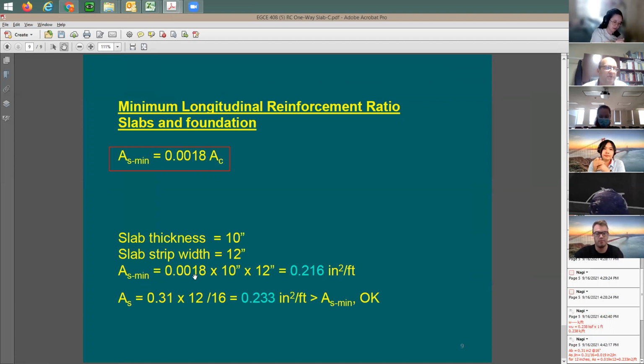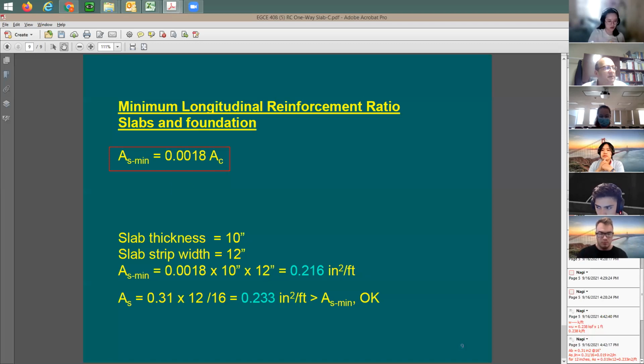AS minimum, 0.0018 times 10 inch for the thickness, not the effective depth, times 12 inches for the width. So this square inch is going to be per foot. Why? Because I consider the strip of 1 foot. How much did you provide? If you remember this equation, what we have provided is 0.233. So this is good. It's more than 0.216. So we covered this slab when it comes to minimum reinforcement.